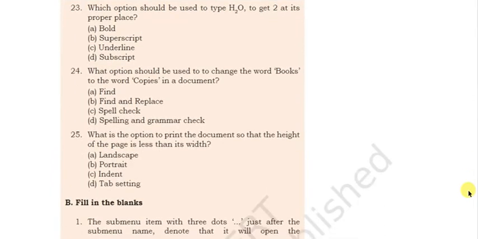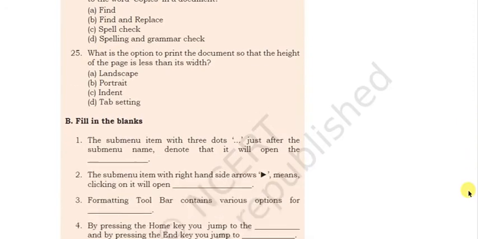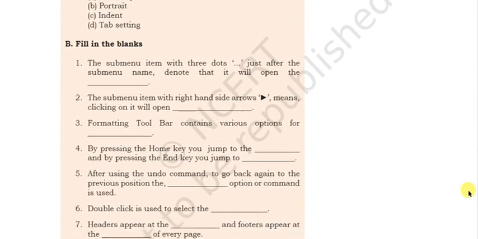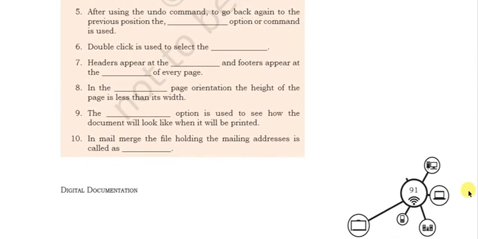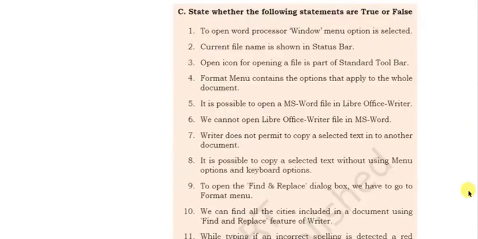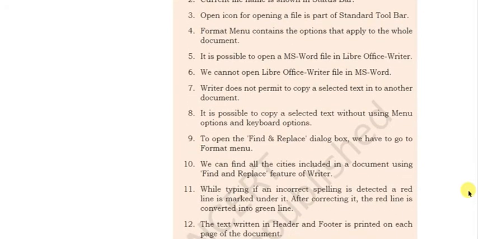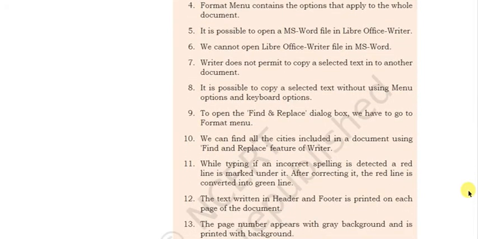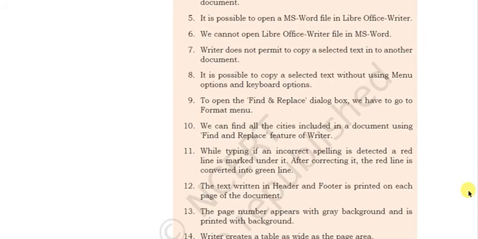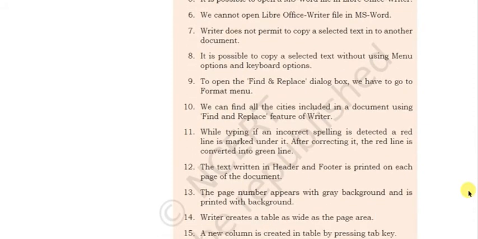There are 25 multiple choice questions, and then we have some questions related to fill in the blanks, and then true false, because all these questions will appear in your final examination, so you can have any one of these appearing in your final exam.